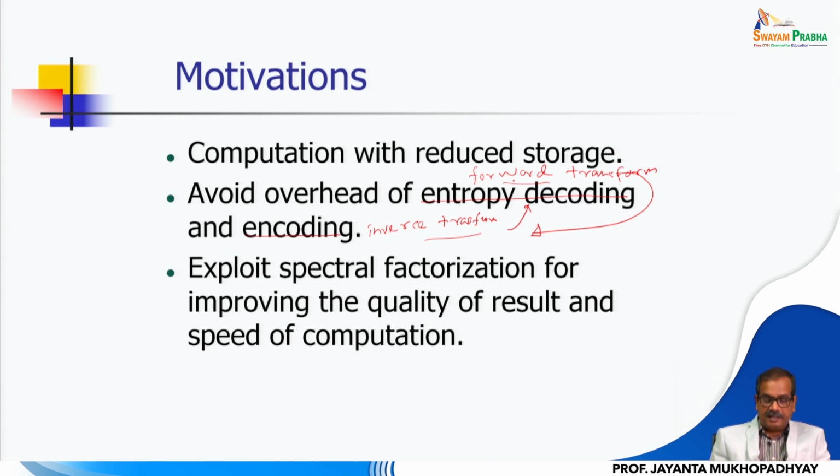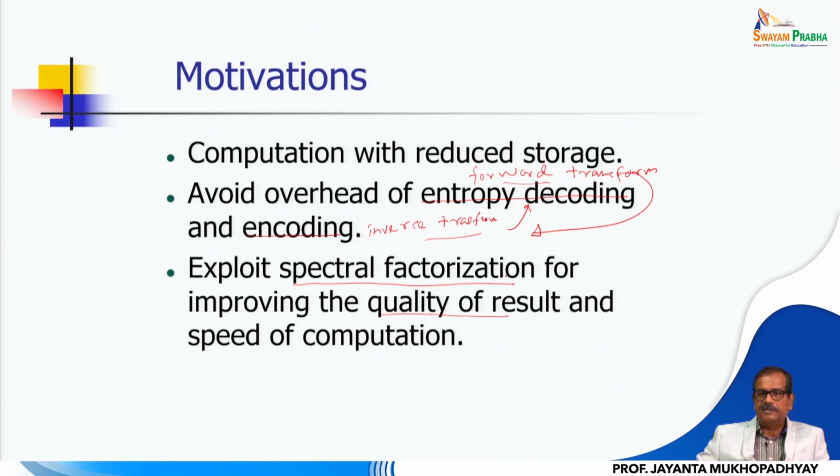And also you can exploit spectral factorization for improving the quality of the result and the speed of computation. This is another advantage of using the transform domain representation. Because the signal or the image has revealed a kind of structure, you can selectively operate on certain components, say filtering basically.